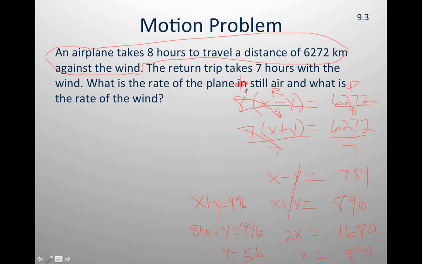So we started off with a t here. T times r equals the distance. Now that formula can be used a lot of different ways because this is what we call DTR, which is the distance equals the time and rate. So it can be manipulated like most problems can be.